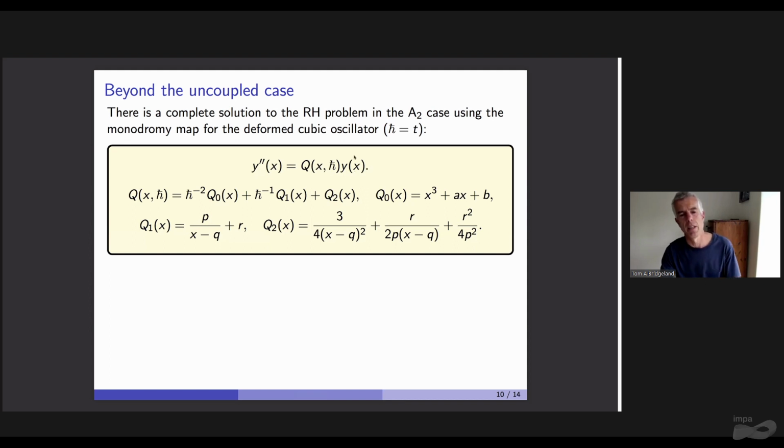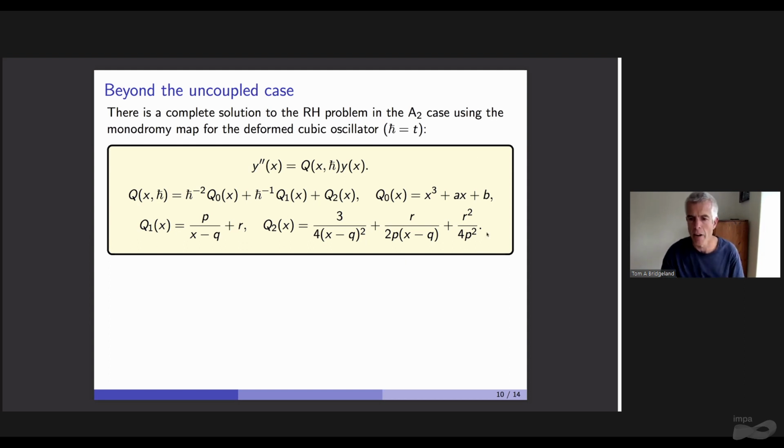So this is the deformed cubic oscillator. It's a second order ODE. The leading term is just a cubic. But there are extra terms with coefficients h bar to the -2 and h bar to the -1. And h bar here is really this parameter t appearing in my Riemann-Hilbert problem.